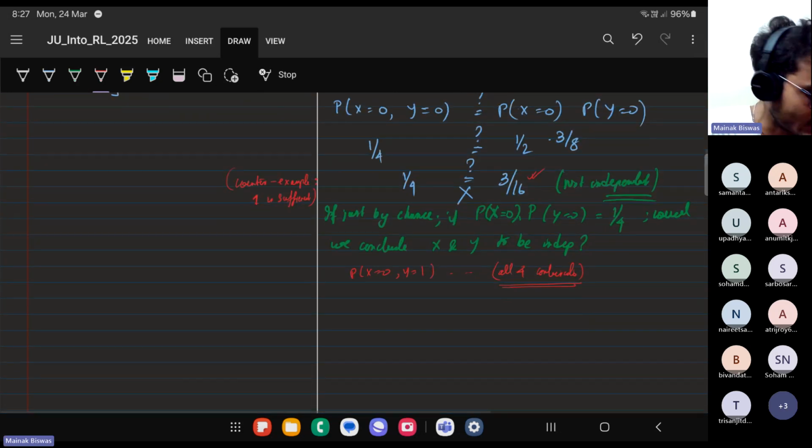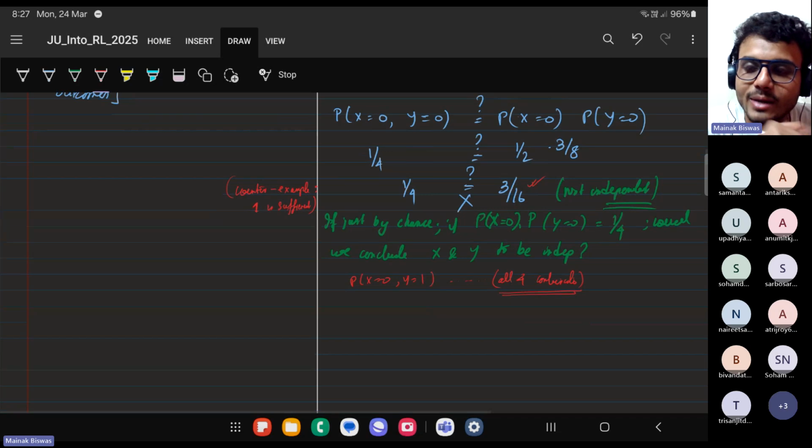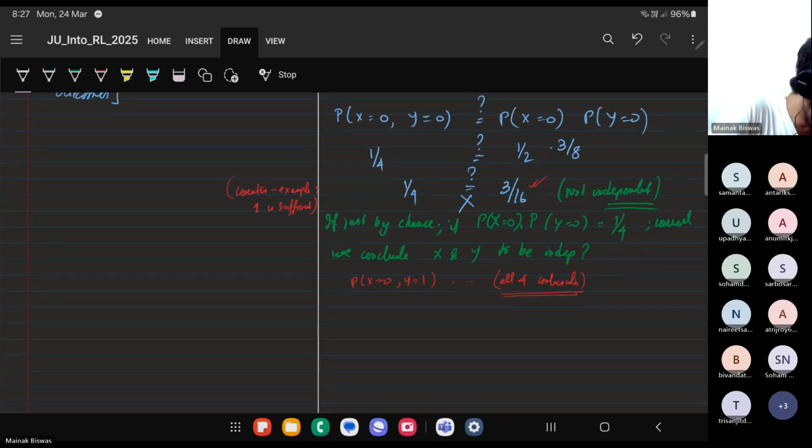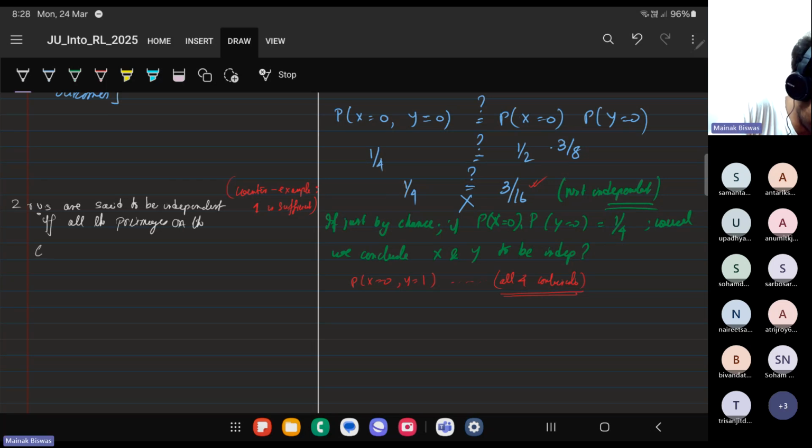So let us understand formally what independence in terms of random variables means. Two random variables are said to be independent if and only if all the pre-images on the event space are independent.